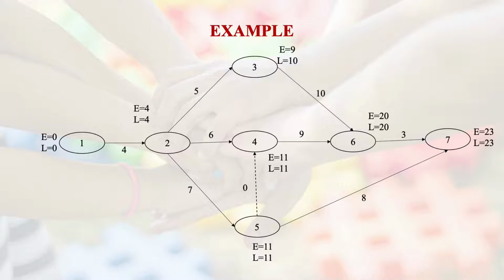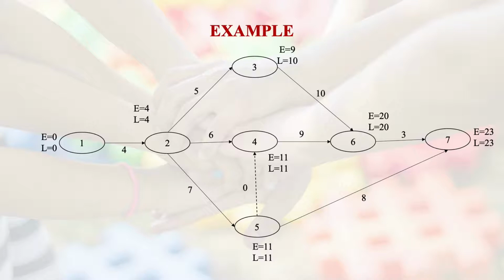Through this particular path, the earliest occurrence time of event 4 happens to be 11. Okay, 10 and 11.